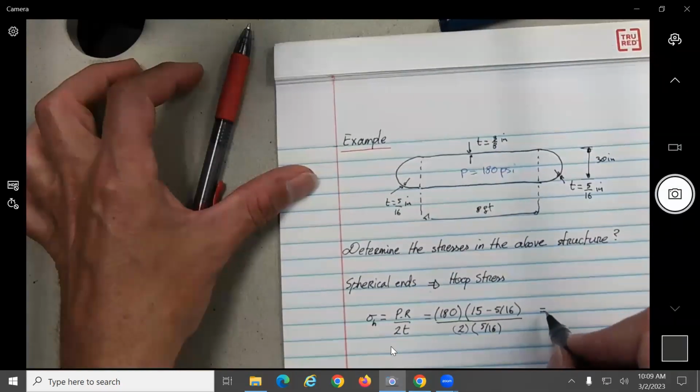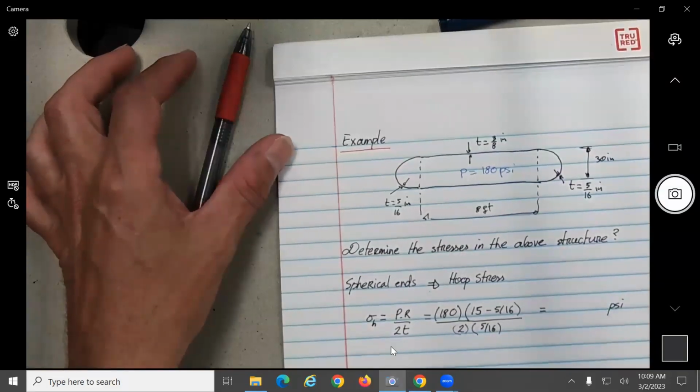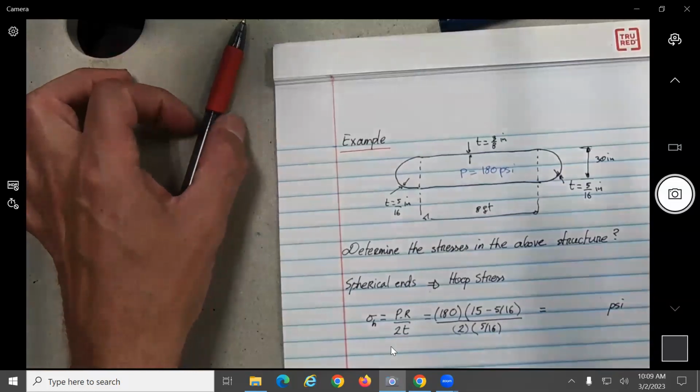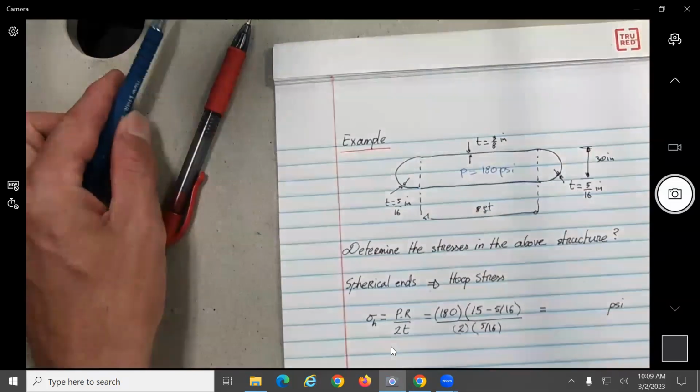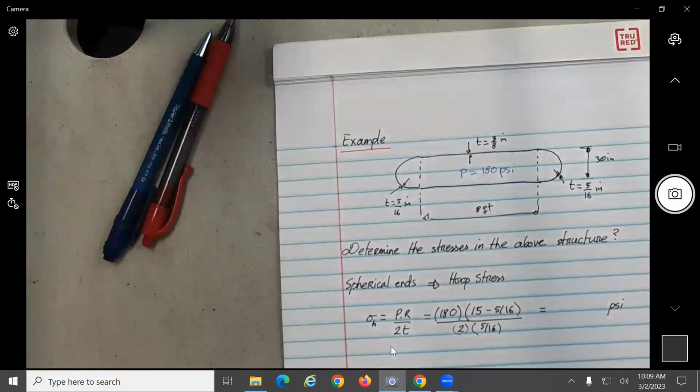So can someone please do the calculation here? Anyone?